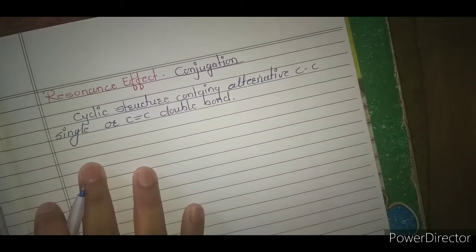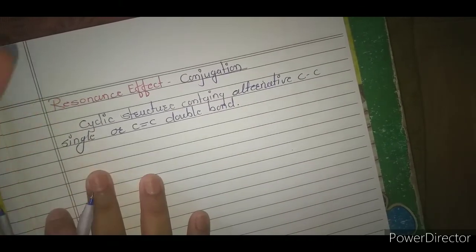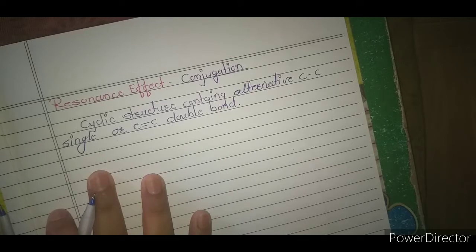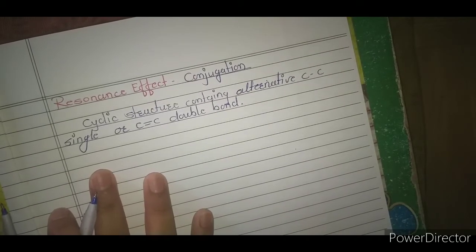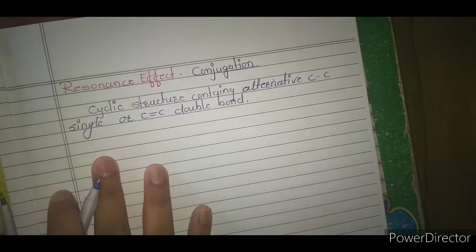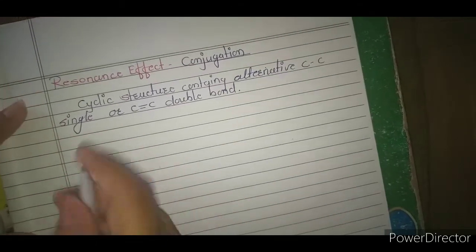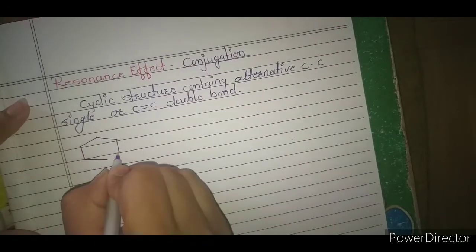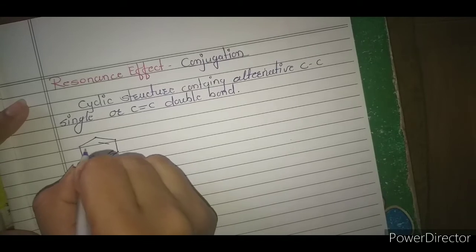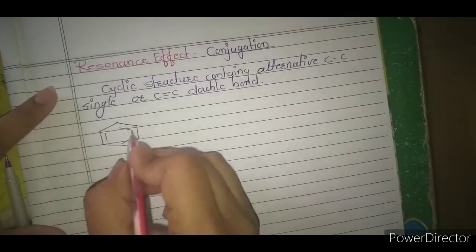So let's see the example. In the resonance effect, delocalization of pi electrons takes place, also called shifting of pi electrons. So it is your benzene ring. What happens in the resonance effect?